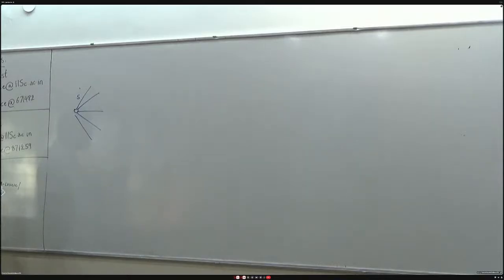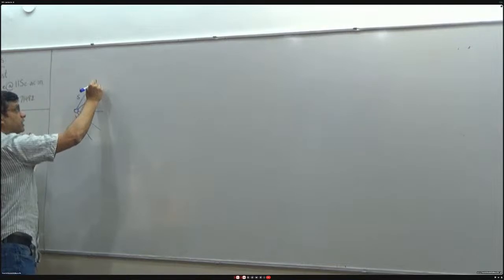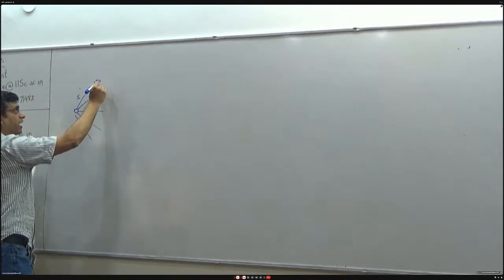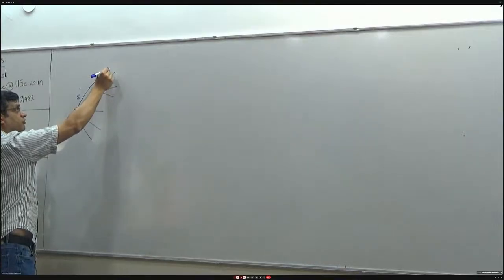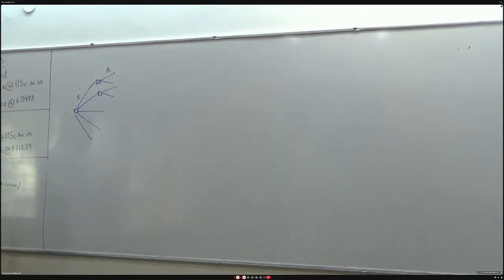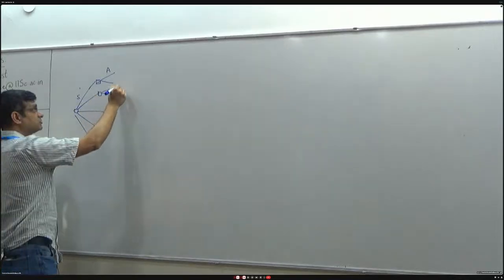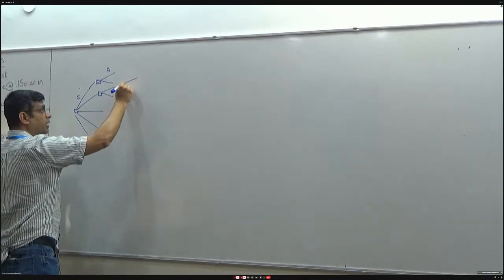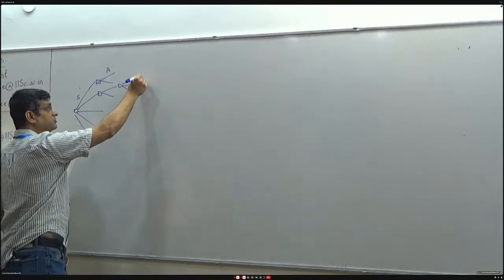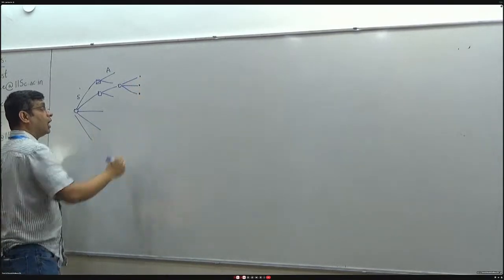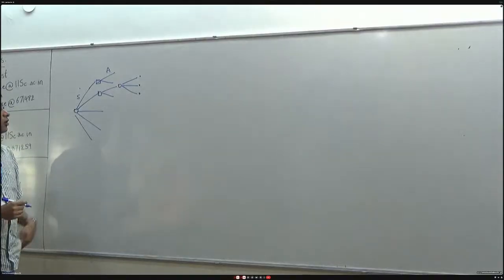The decision maker observes what has happened in the world. Based on that, it has to choose an action, and these were the different possibilities of the actions that the decision maker chooses. And then something happens in nature, and we have different outcomes based on that. And I'm giving you a cost function or a reward function which says what is going to be a cost or reward at all these terminal nodes.